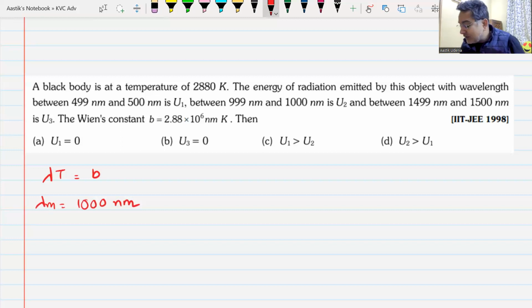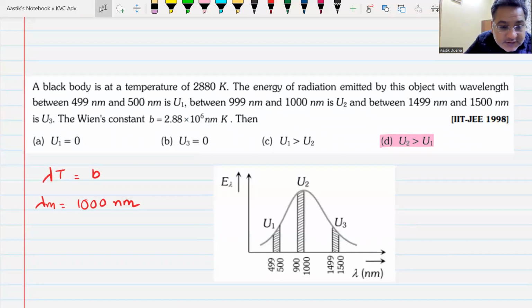Yes. So at 1000 nanometers, it will be maximum. Which option tells us that it is like this? This is option 2. U2 will be greater than U1. If you want, you can look at this diagram. The energy spectrum of this black body will look something like this. And I hope you understand the rest of the things. Yes or no?